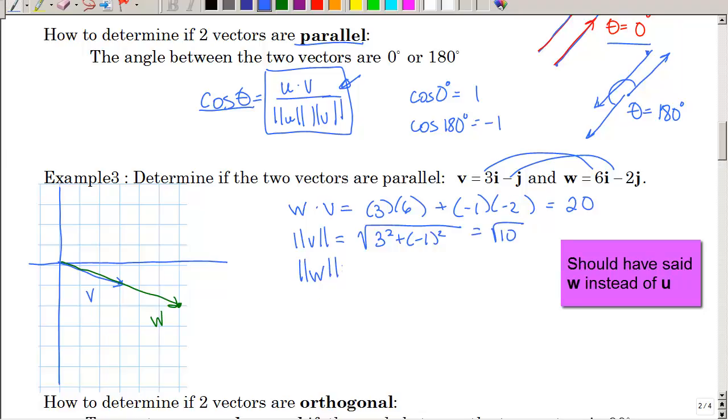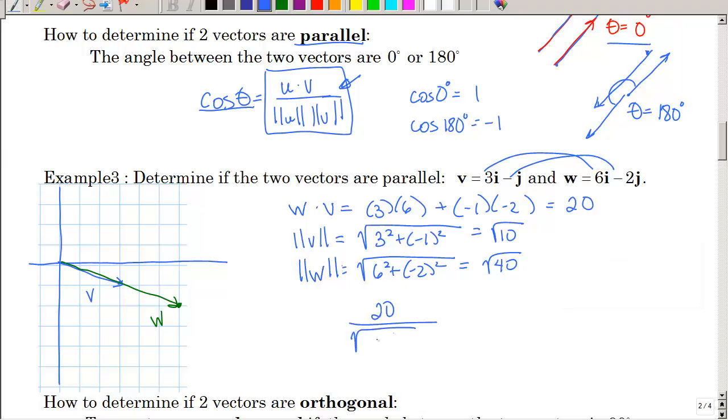And the magnitude of u would be 6 squared and negative 2 squared, which I believe is the square root of 40. So if I did that math, u dot v, that's 20, divided by the square root of 10 times 40. Since they're both under the square root, you can put those together.